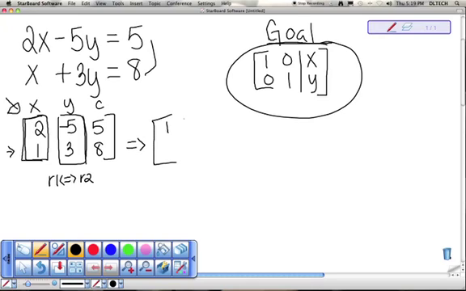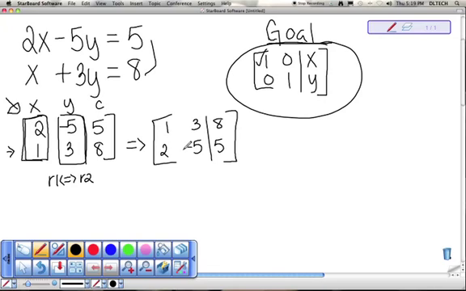And we'll rewrite it. So as you can see, our first step is already done. Our second step is to change this 2 into a 0.